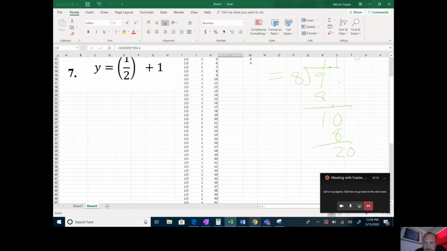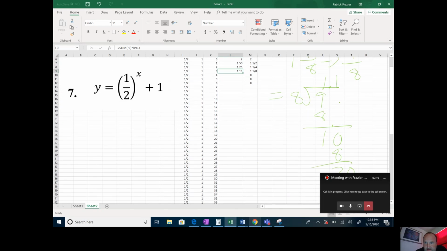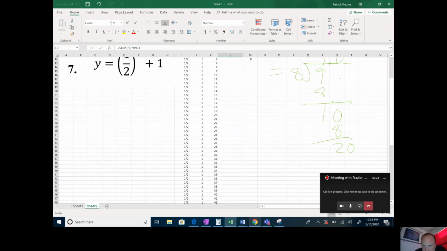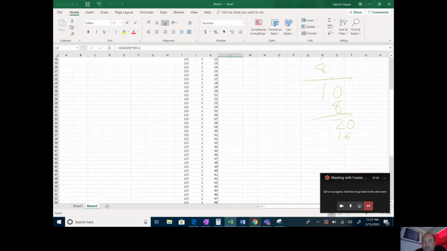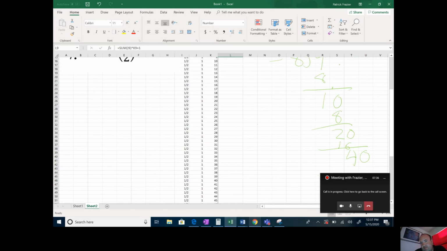Eight goes into 20 how many times? 8 times 2 is 16. And then 20 minus 16 is going to be 4. And then carry down the 0. How many times does 8 go into 40?